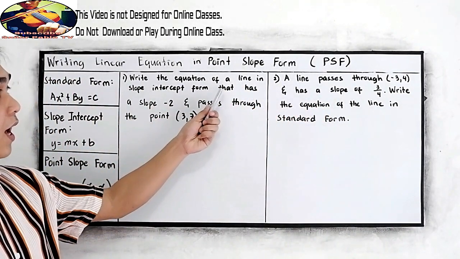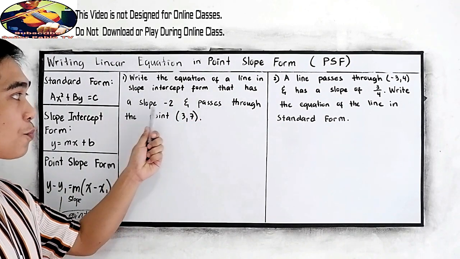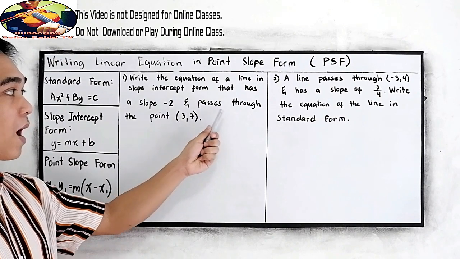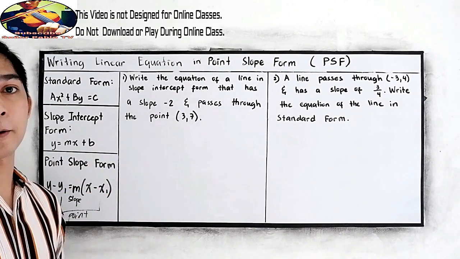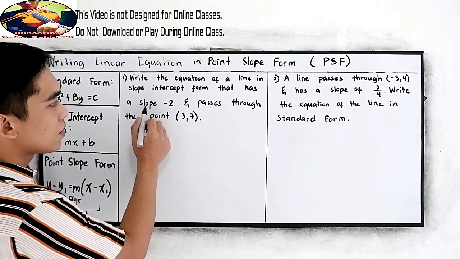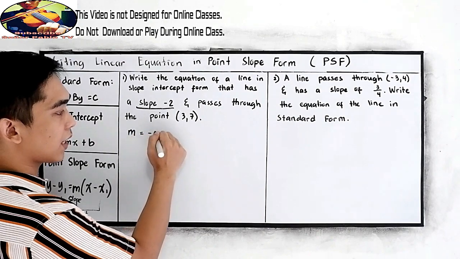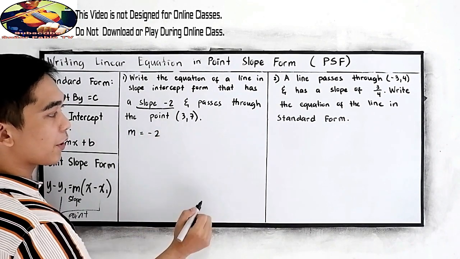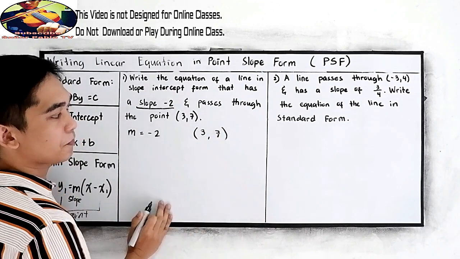Write the equation of a line in slope-intercept form that has a slope of -2 and passes through the point 3, 7. So given the slope, that will be our m is equal to -2, and our point is 3, 7.